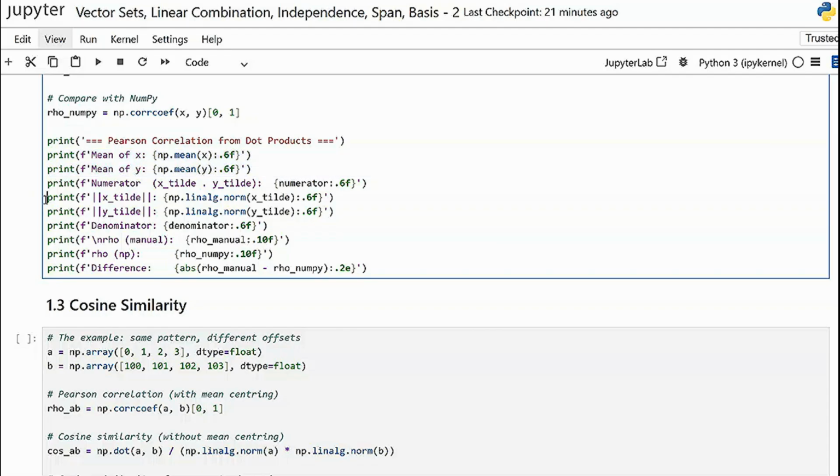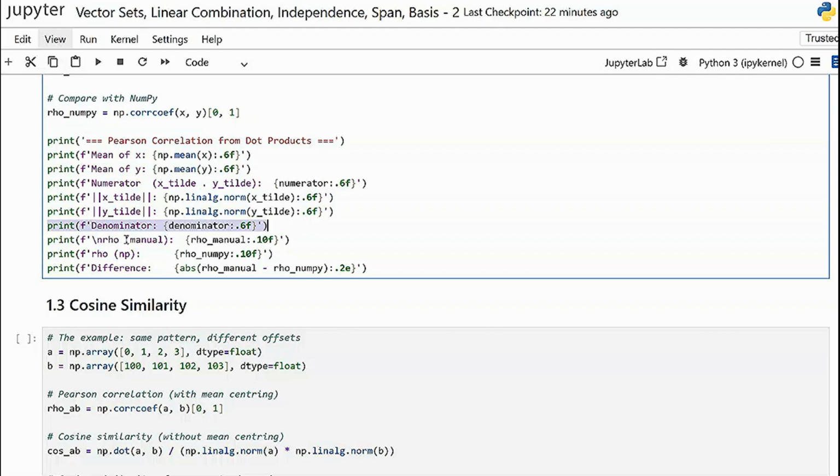The next one prints the dot product of the centered vectors, which represents their joint variation. These lines show the norms of each centered vector, representing their individual variability. And the next one shows the denominator, which is the product of the two norms.